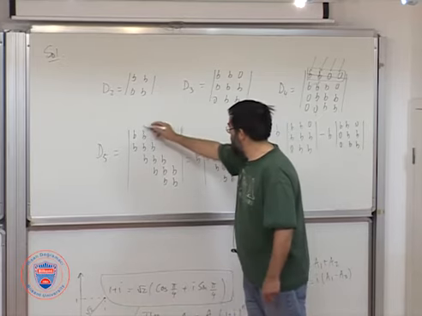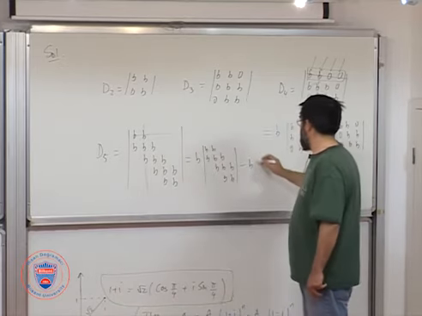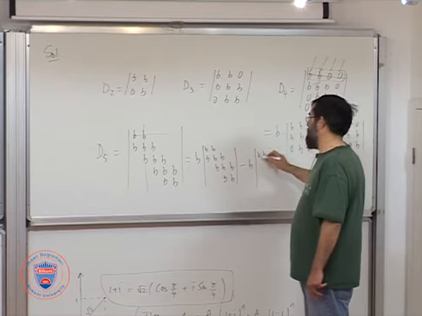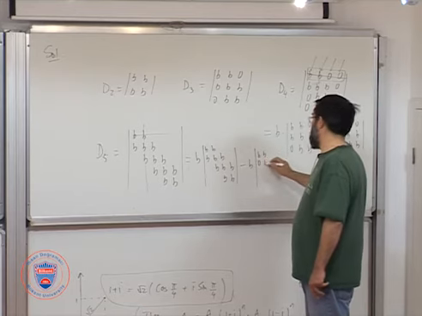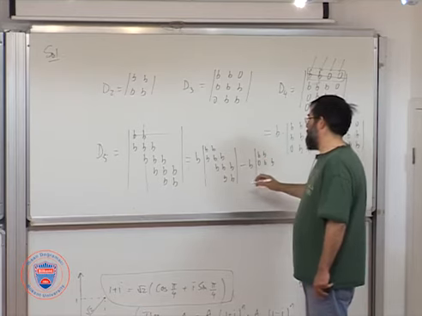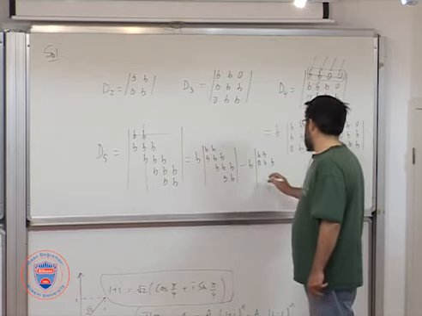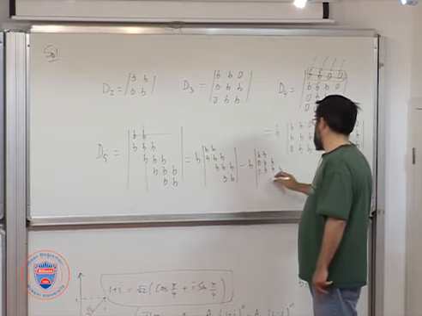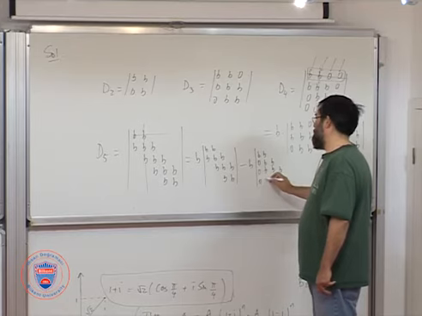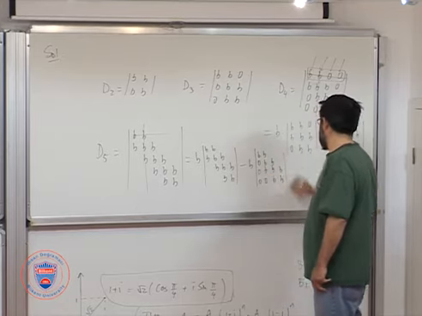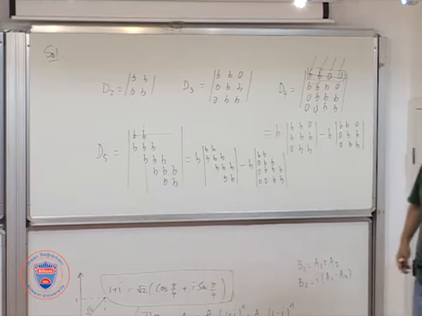Minus B times what you get when you erase this. BB, 0, BB, 0, BBB, 0, 0, BB. Do you see any pattern so far?